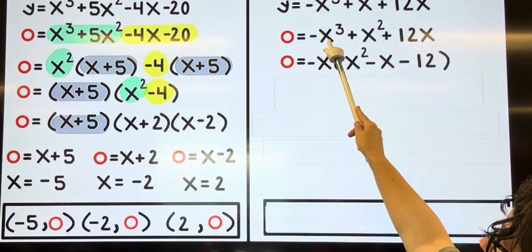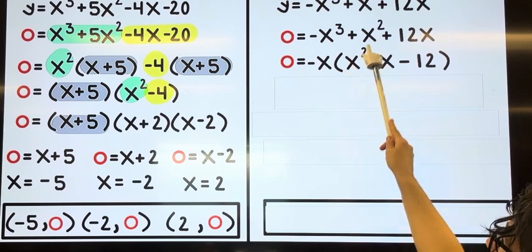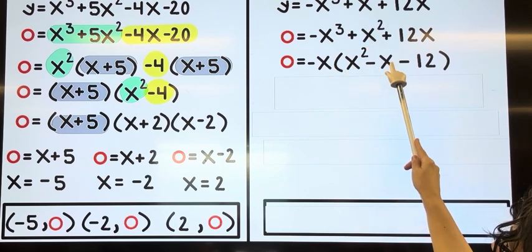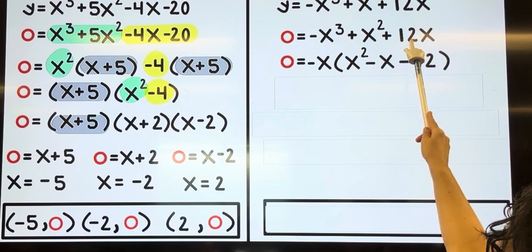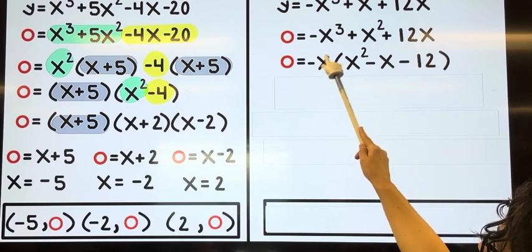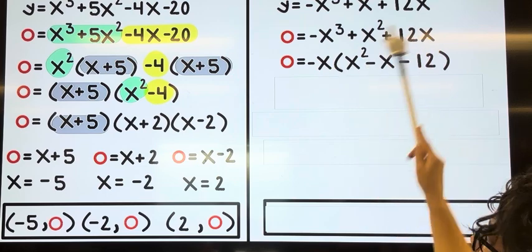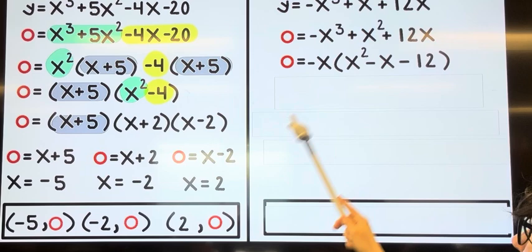So taking out a negative x out of negative x cubed leaves me with x squared. A negative x out of x squared leaves me with negative x. And a negative x out of 12x leaves me with negative 12. You can redistribute that back through to get back to the previous line just to verify.